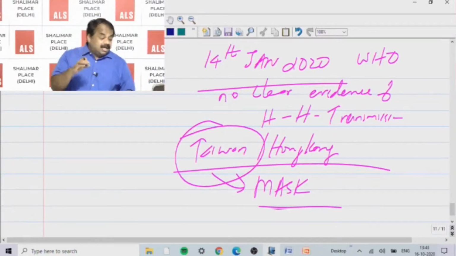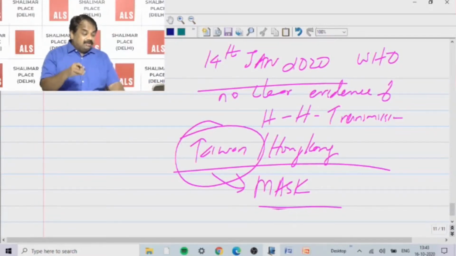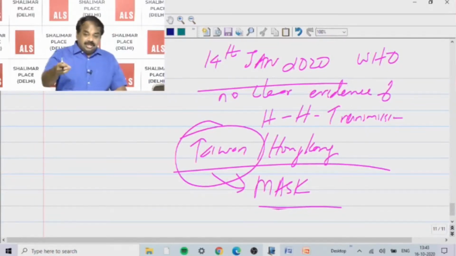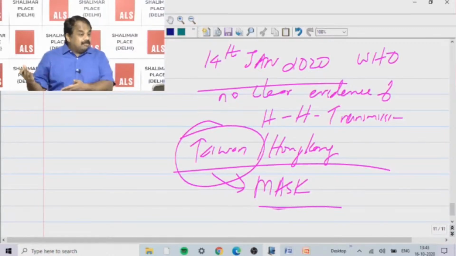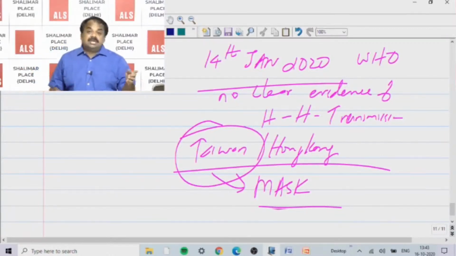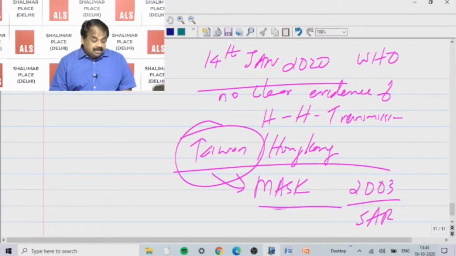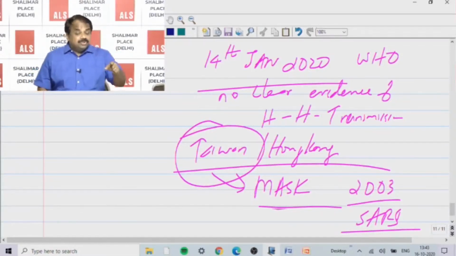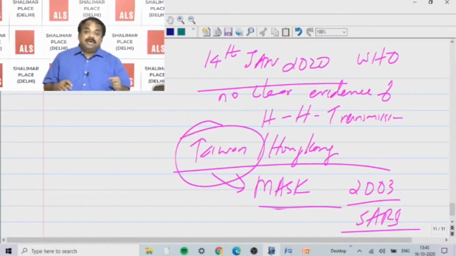Because they did not believe WHO. They completely ignored WHO and went ahead with it. That is why even today, Taiwan and Hong Kong, even Vietnam for that matter, are success stories in controlling the pandemic. They did so because they had the experience of the 2003 SARS pandemic. So they had good experience of this, and they worked on their intuition rather than on what WHO said.